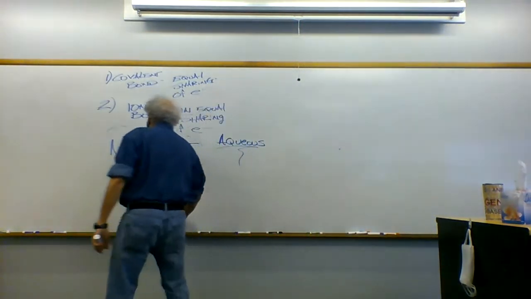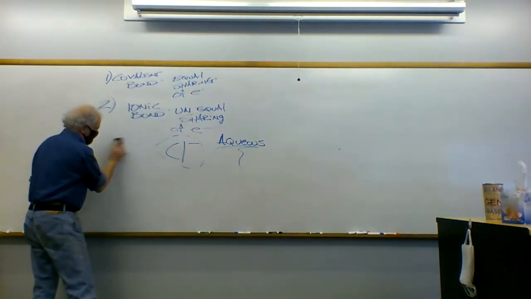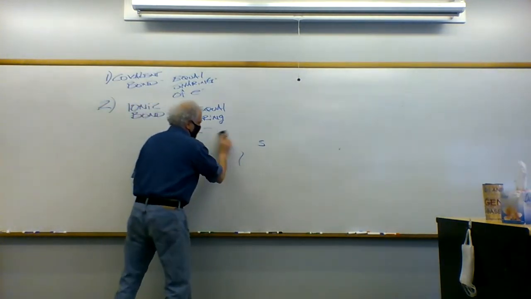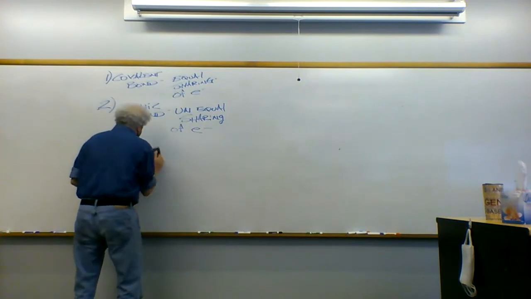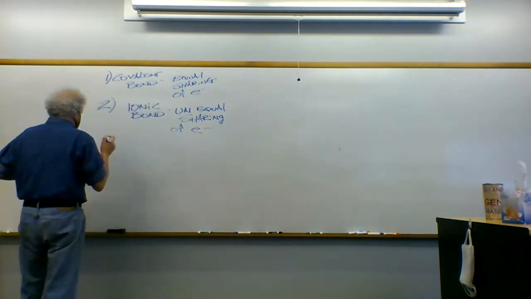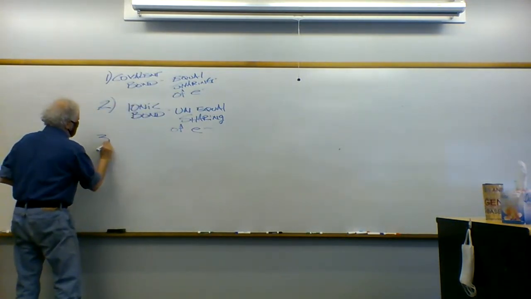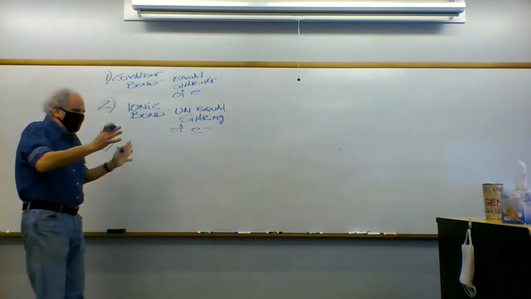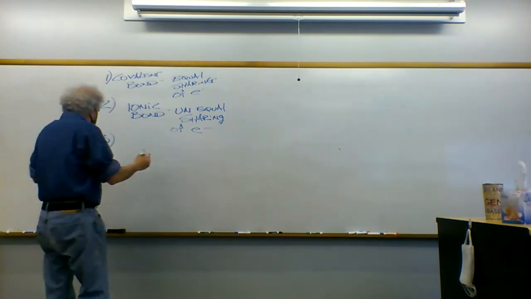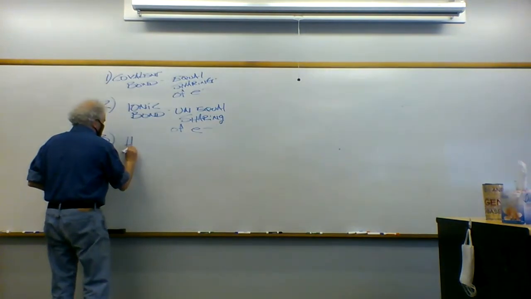And that brings us to our third bond. And arguably, yes, my favorite bond. And that is a critical thing. It's an interaction, not a bond, but regardless, it is known as the hydrogen bond.